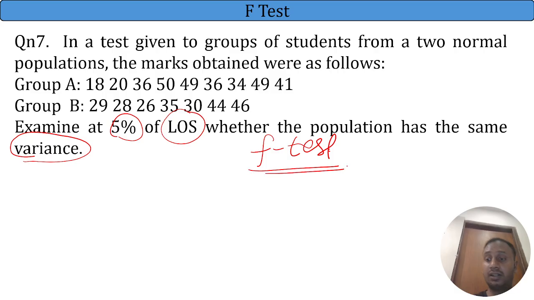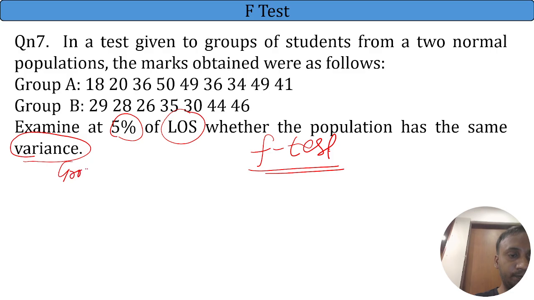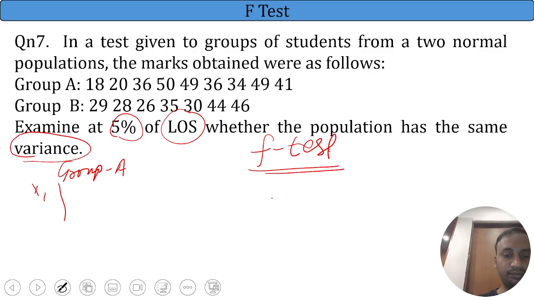I'll take one page actually, or maybe I'll start with group one. What is the X1 value?